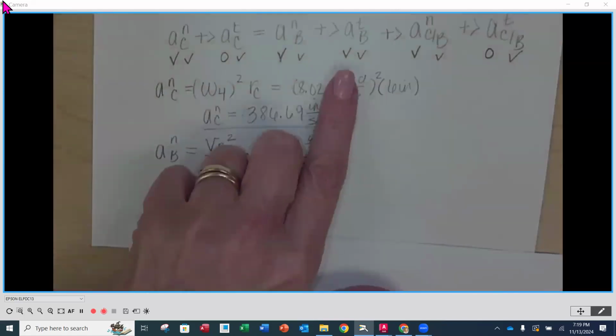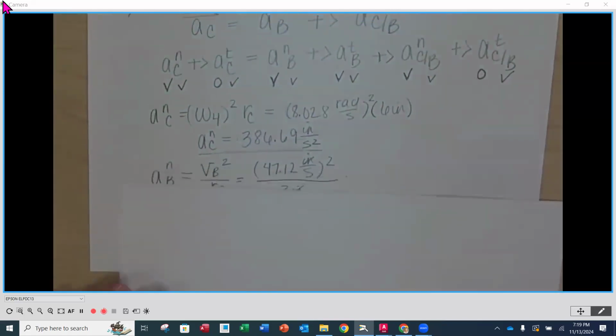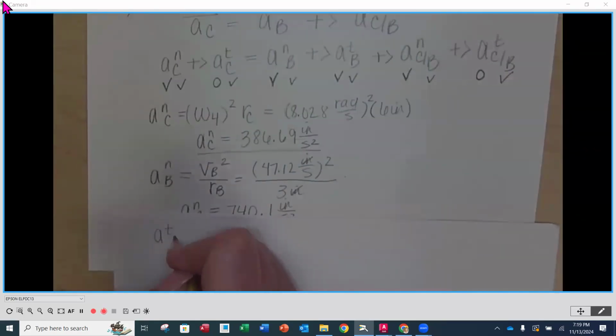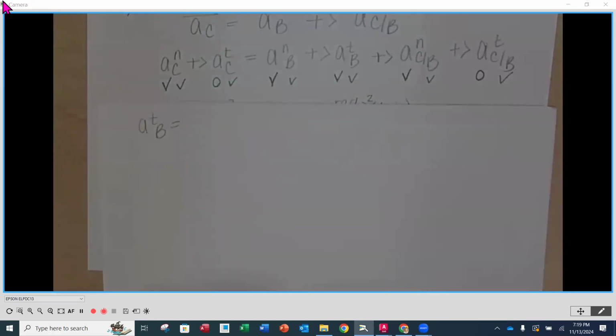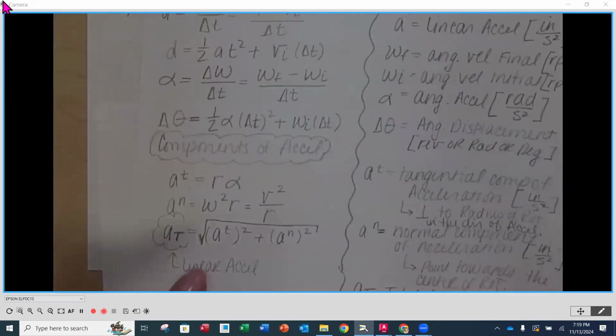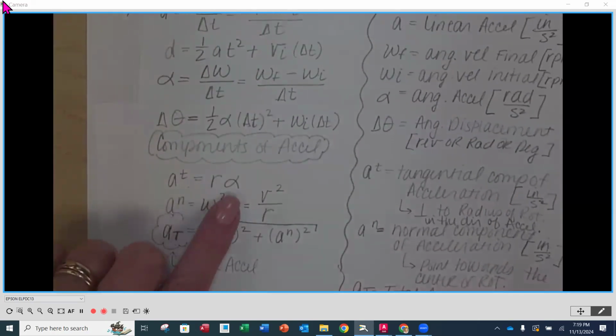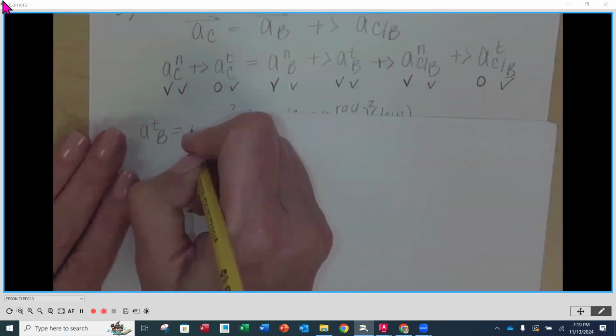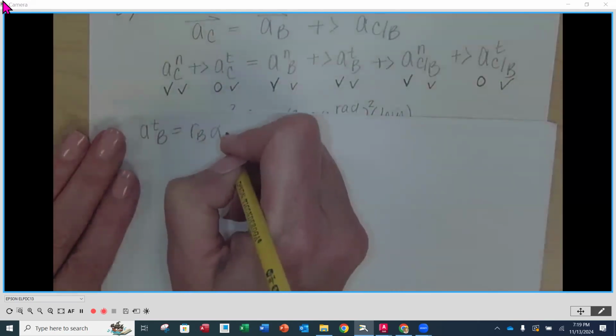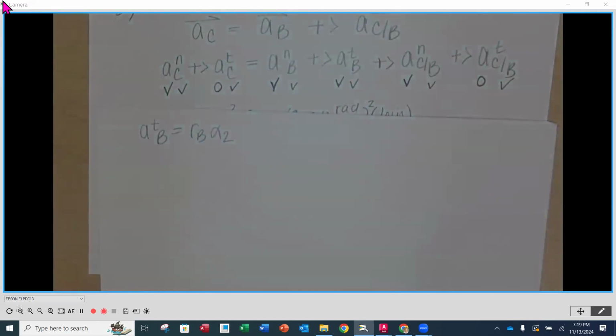The next one that I have is going to be my tangential at B. So my A tangential at B is going to be equal to, going back to my equation sheet, radius times the angular acceleration of link number 2. So it's going to be the radius to B times the angular acceleration of link number 2.